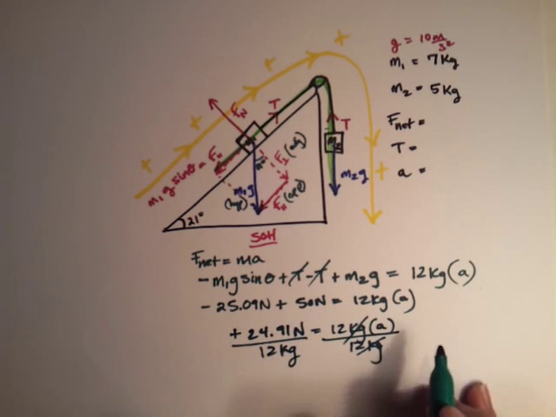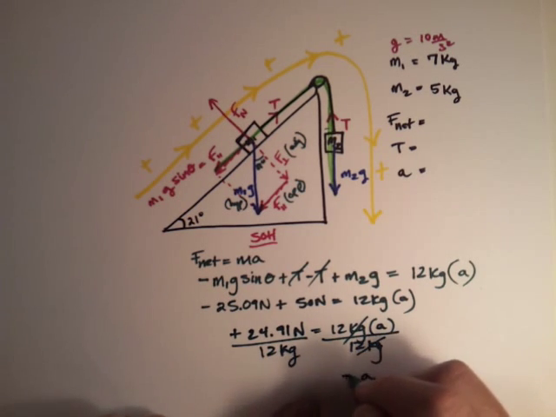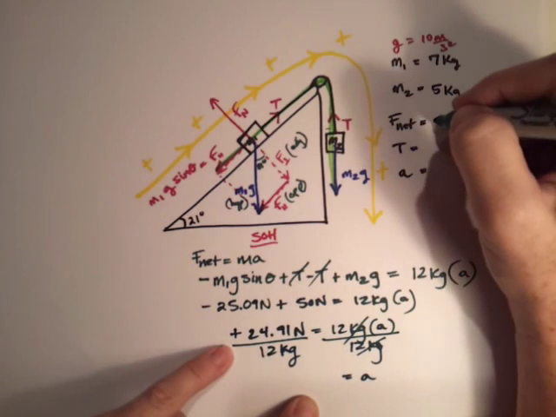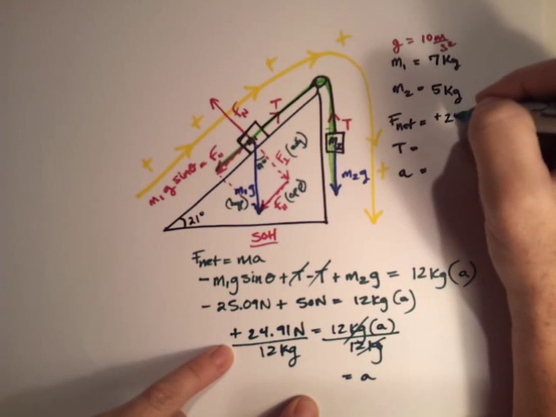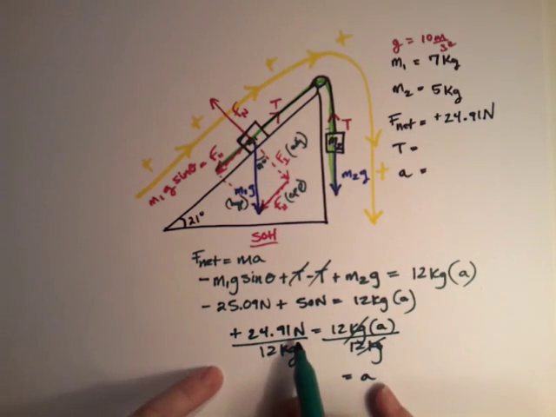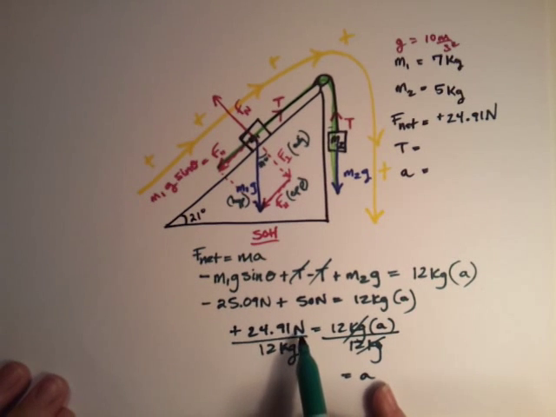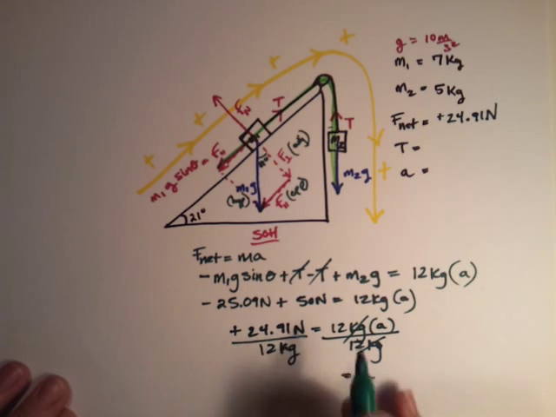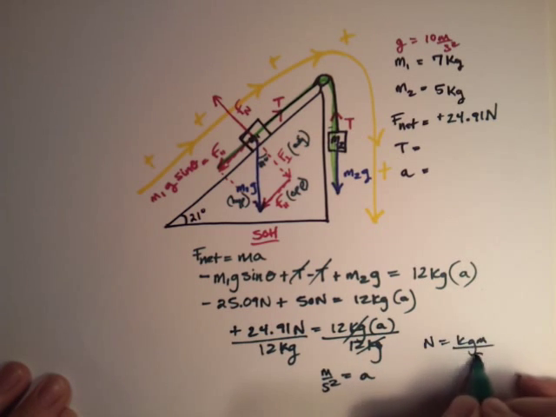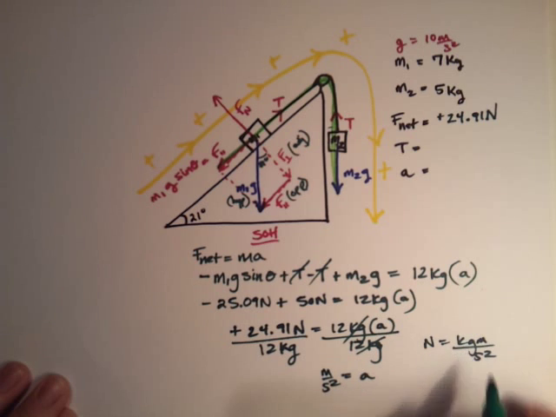Divide this out. Now remember that, so we just found the F net. This is the F net, so let's go ahead and put this number here. This is positive 24.91 newtons. Remember that a newton is really kilogram times meter per second squared. So don't write your answer as newton over kilogram. It's going to be in meters per second squared. That's why the kilogram will cancel.